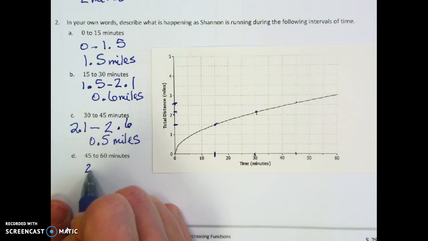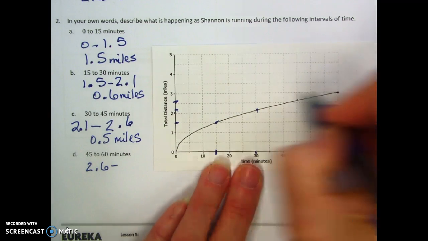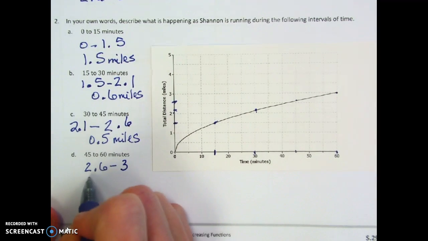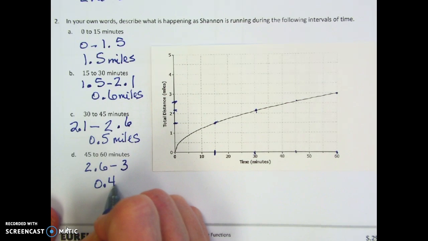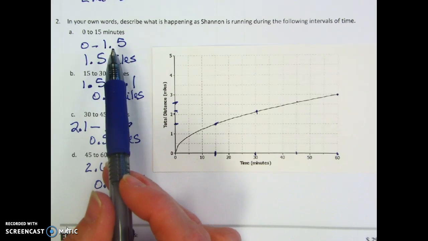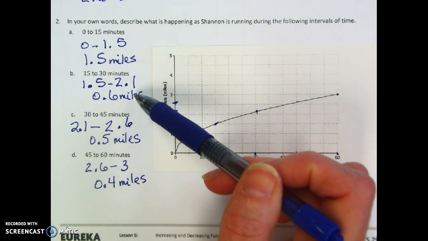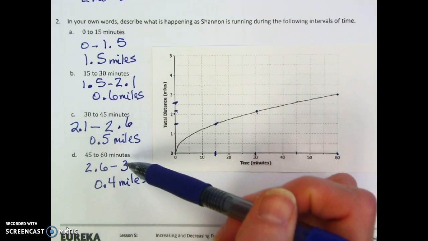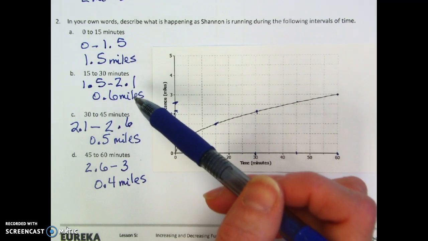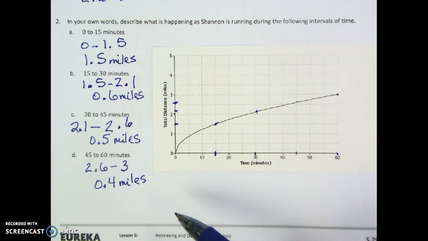And then from 2.6, at 60 we're at about 3 miles. 2.6 to 3 is only 0.4 miles. So as they run 15 minutes here, they go 1.5 miles to begin with, and then only 0.6 miles, and then down to 0.5, and then down to 0.4. So they are not running at the same speed, which is why the slope of this line changes throughout.